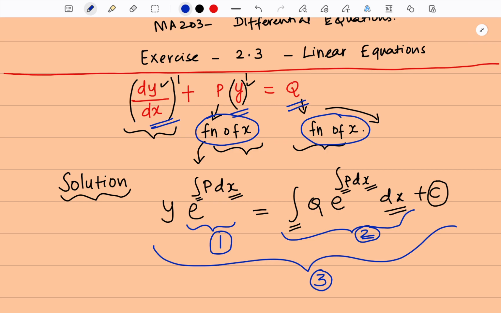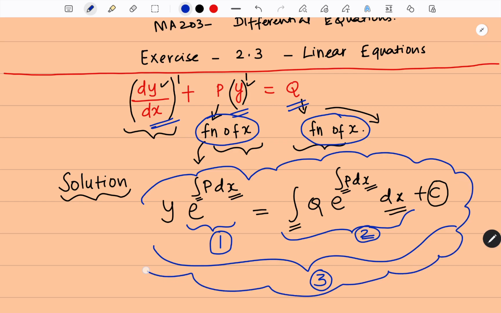But for the first order linear differential equation, the solution is already ready and we put the variables over there to get the final solution according to the given problem. So the solution is given by y e to the power of integral p dx is equal to integral q e to the power of integral p dx dx plus c.